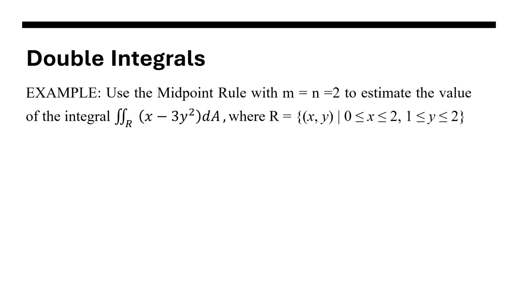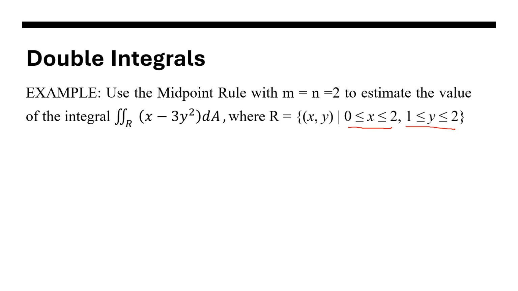Since it is clearly stated here that we are going to use the midpoint rule, and our m and n are equal to 2, meaning you have a 2 by 2 grid, we have to divide the base rectangle into 4 parts. Take note that x is from 0 to 2, and y is from 1 to 2.